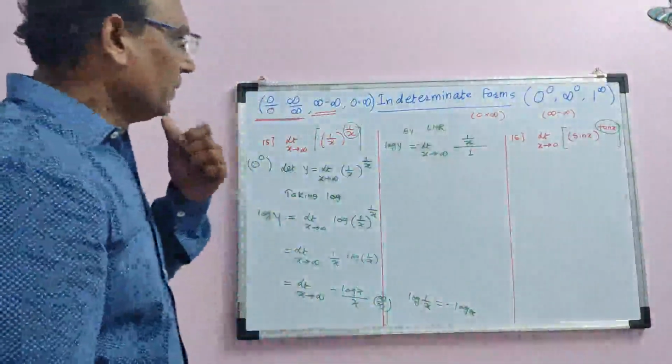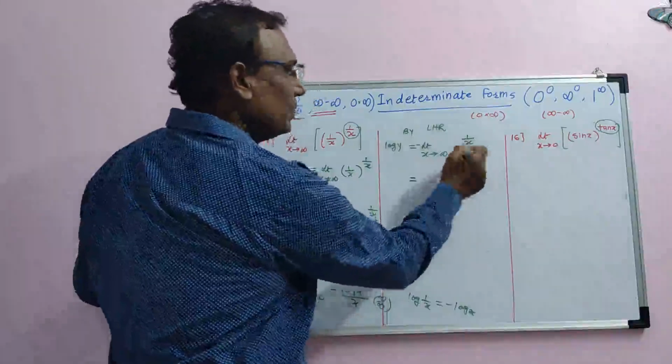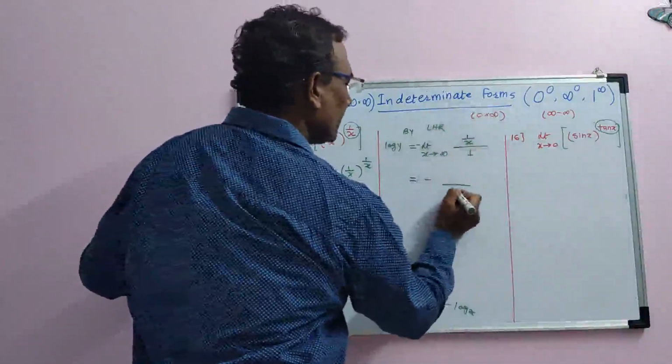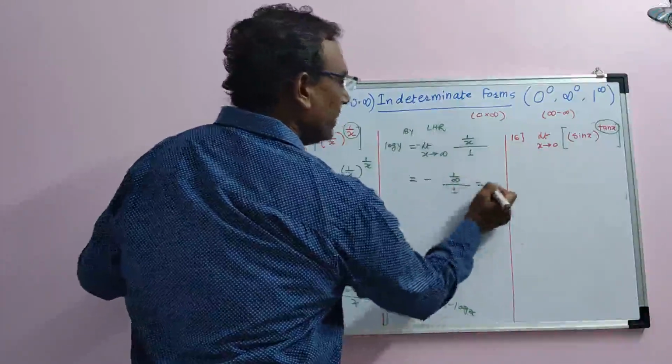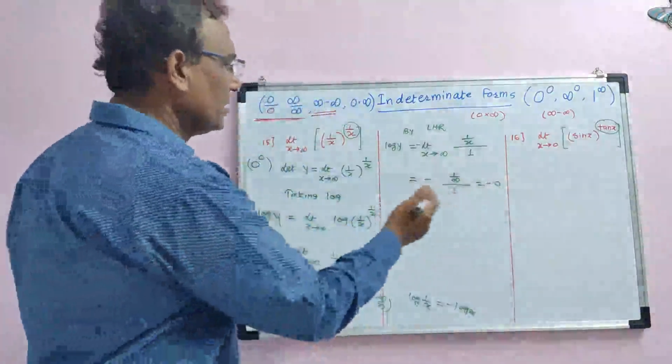Okay. Now if the variable is absent in the denominator, you can put down the value of x directly: minus 1 by infinity, and 1 by infinity is what? 0, and minus of 0 means 0. 1 by infinity is 0.